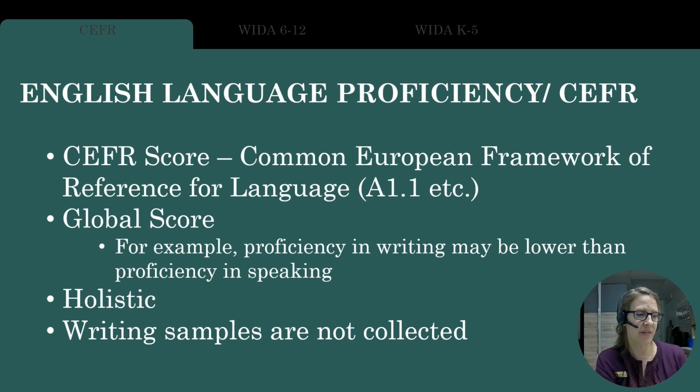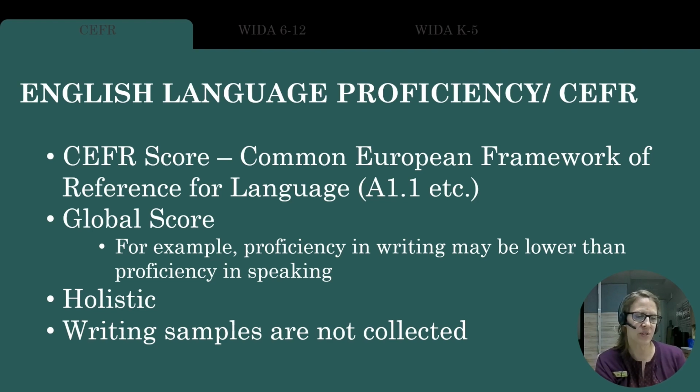On the student file that is sent to your school, you will see a CEFR score. This stands for the Common European Framework of Reference for Language. Examples would be A1.1 or A2.2.